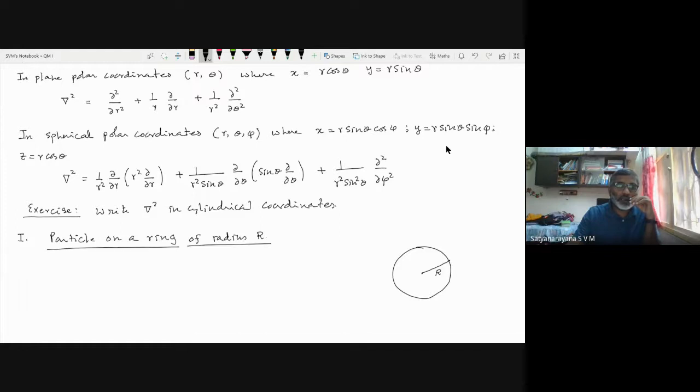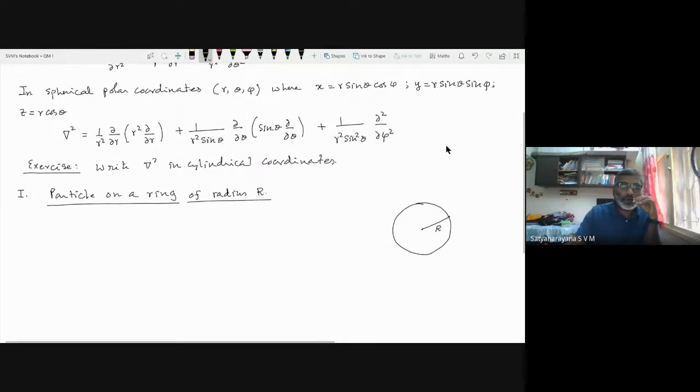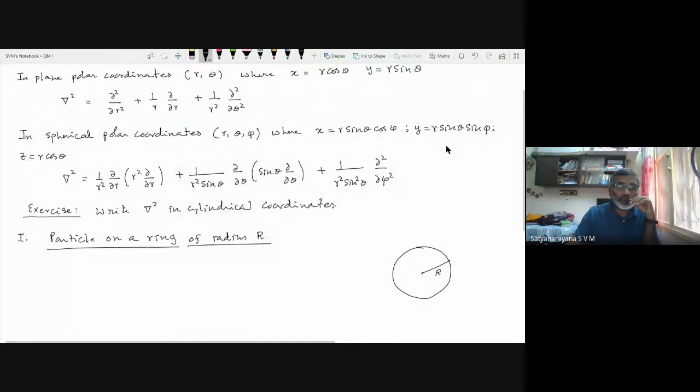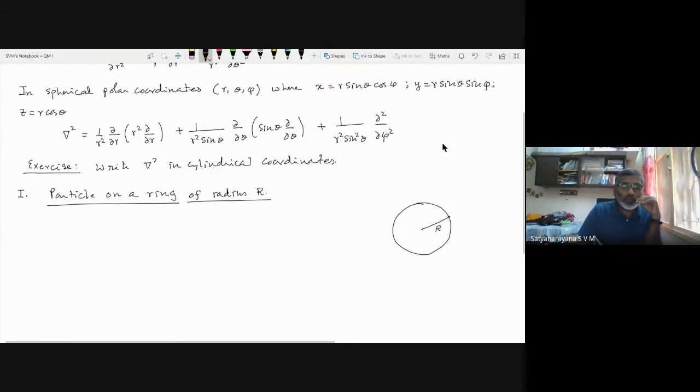That means theta is the only variable, one angle variable. So your wave function is only a function of theta.